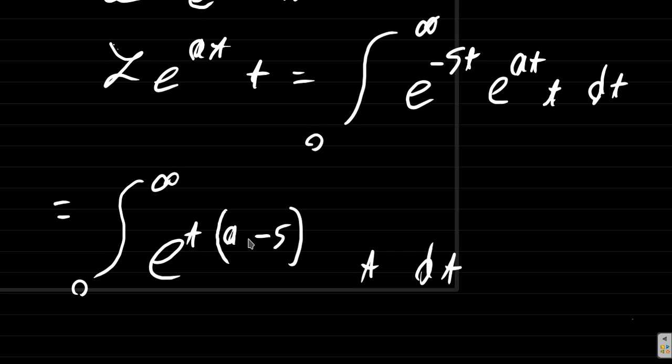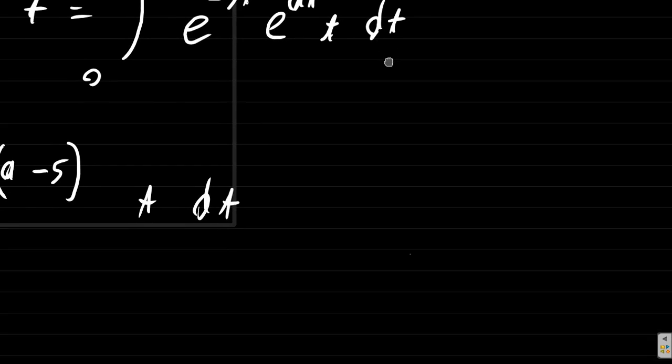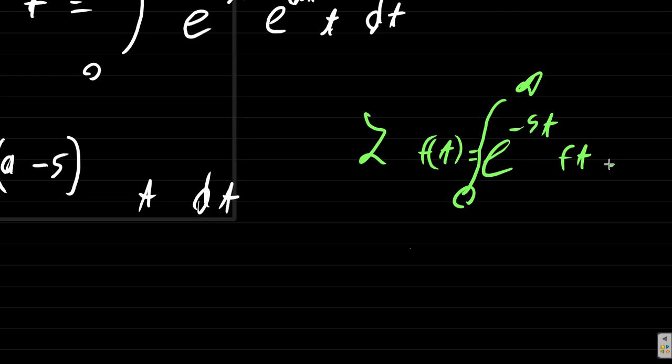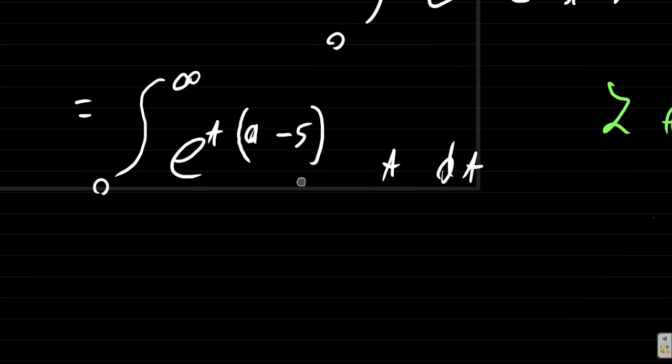Now remember, the Laplace transform of f of t is equal to the integral from 0 to infinity of e to the negative st f of t dt. So we want it to be in the form e to the negative something, some function of t there, dt. So let's do that.